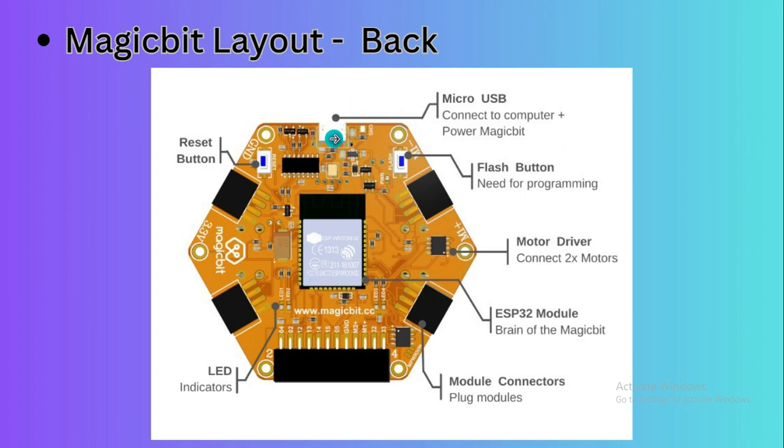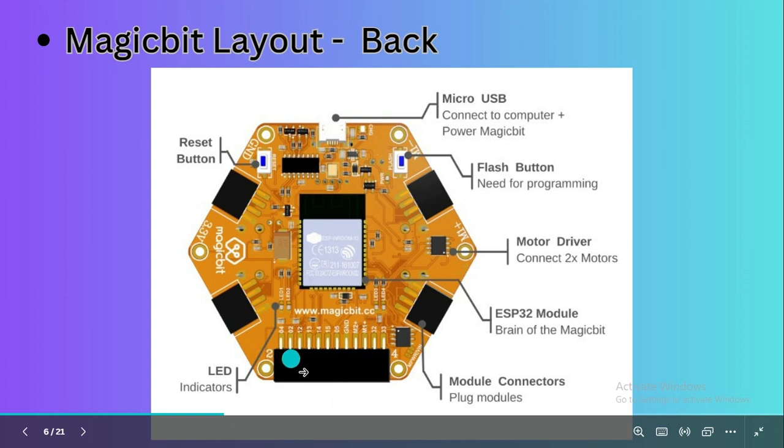And directly below the ESP32 microcontroller, there are 4 onboard LEDs in 4 different colors. So if you're planning to do any activity regarding LEDs, you can use these onboard LEDs. And below the LEDs, the extension port is there, which you can see on the front side as well.